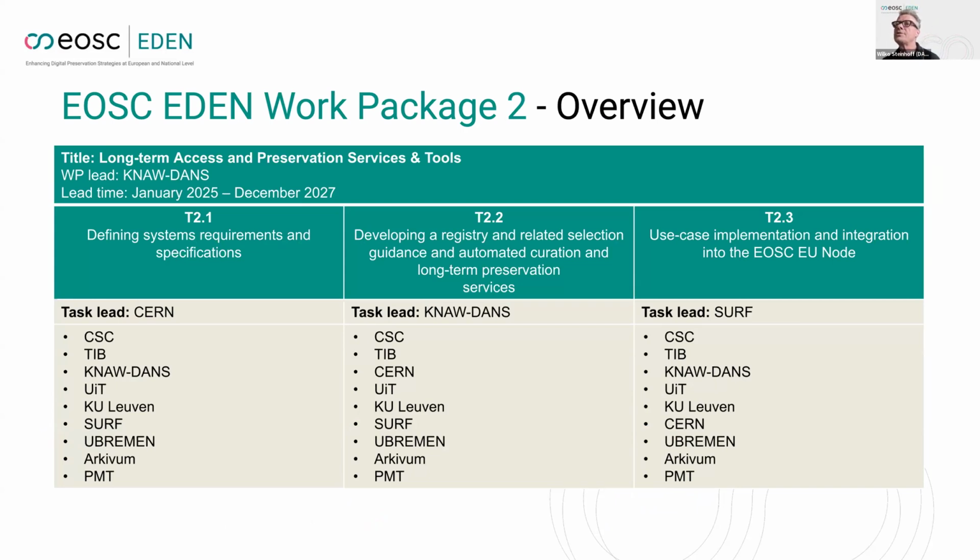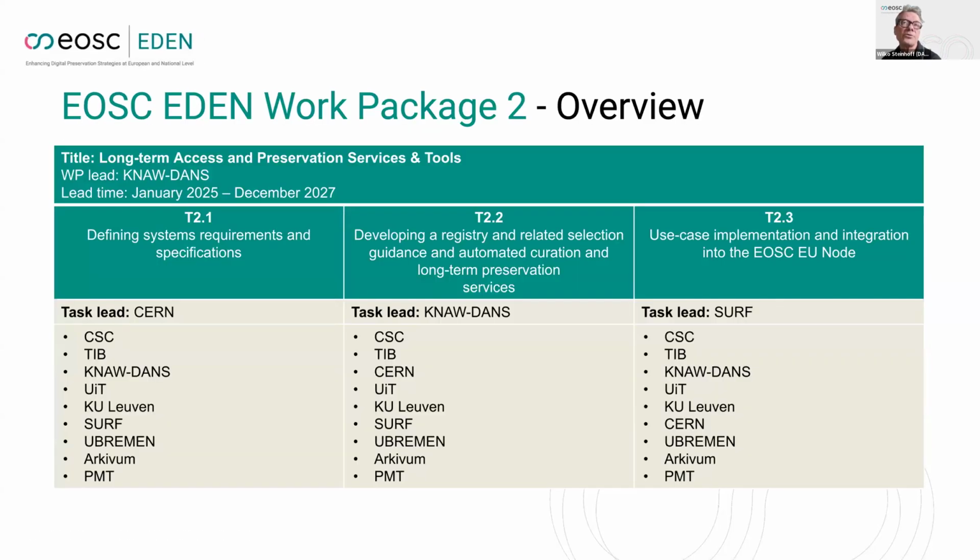Task 2.2 is developing a registry and related selection guidance, automated curation and long-term preservation services. This is the task where mainly the implementation and development work takes place. Then we have task 2.3, the use case implementation, which is led by SURF.